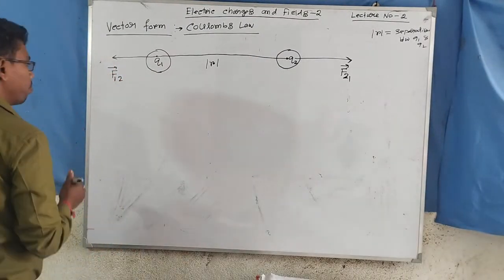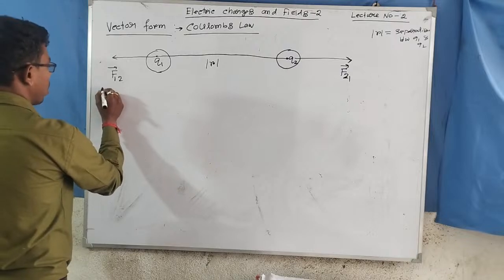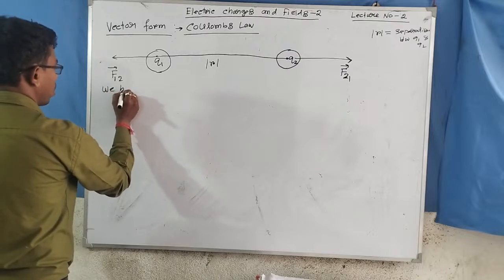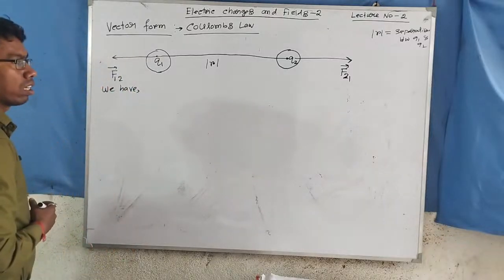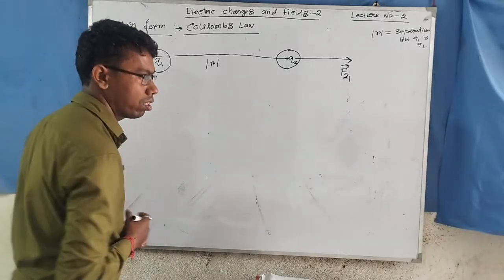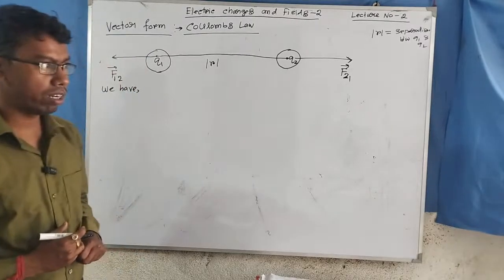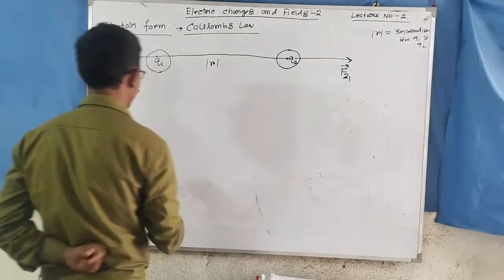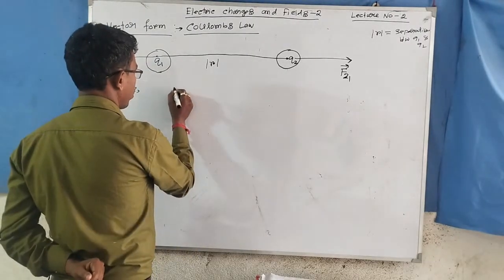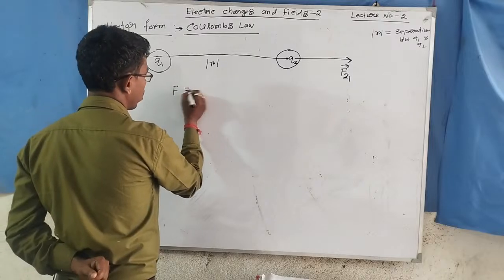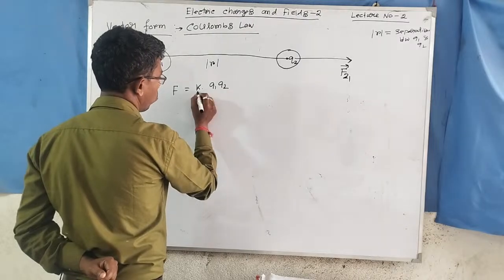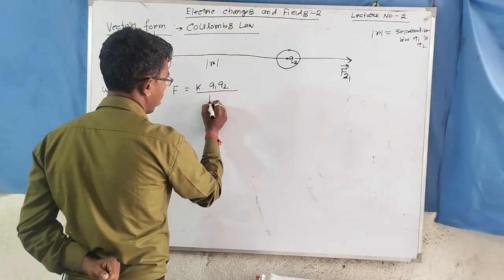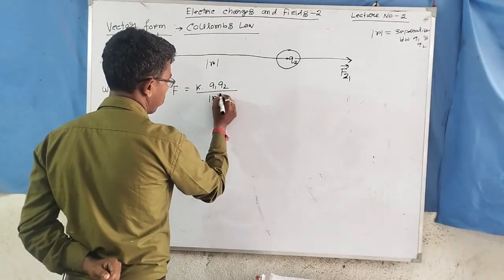From the previous lecture, Coulomb's law in electrostatics: F equals K Q1 Q2 upon mod of R square.